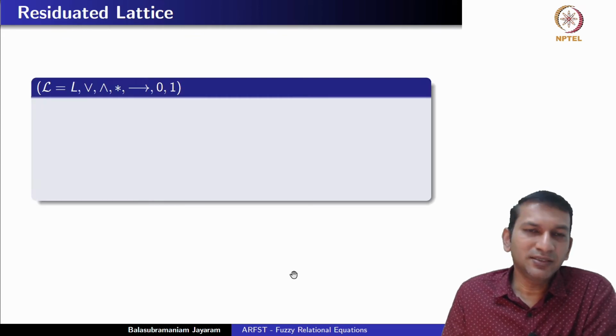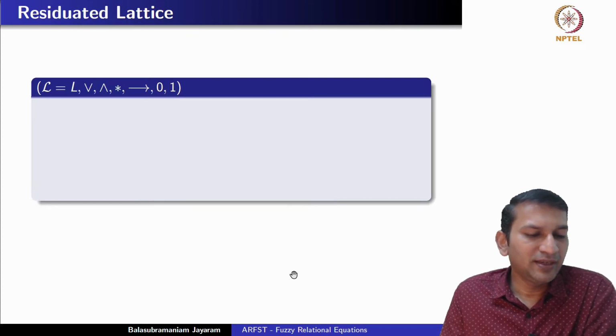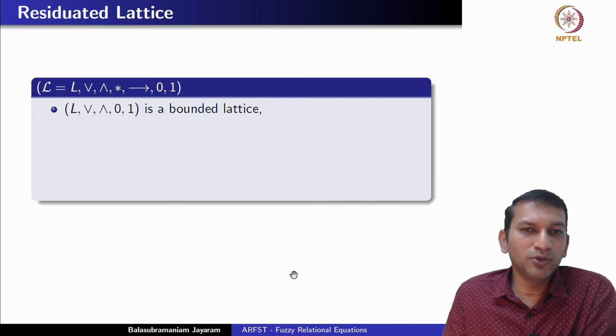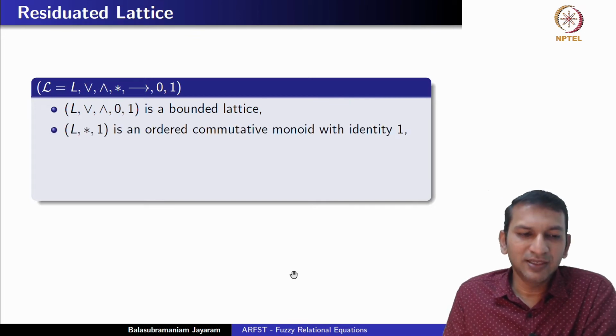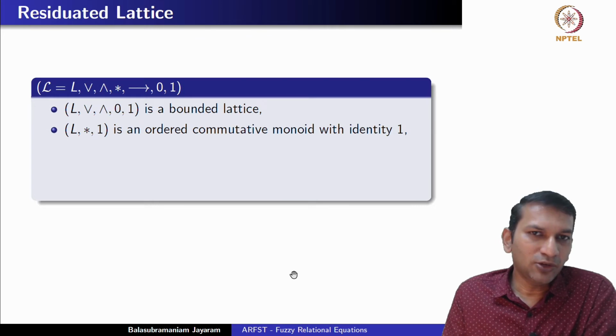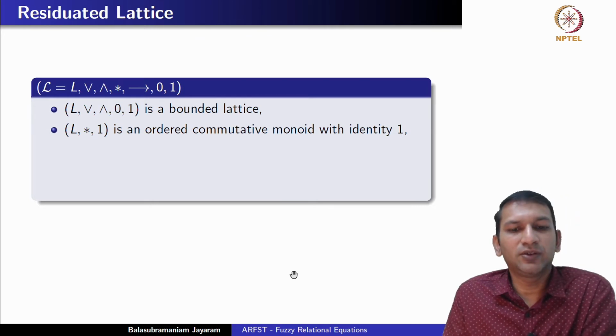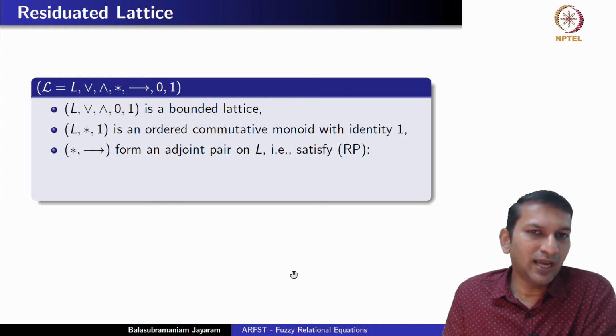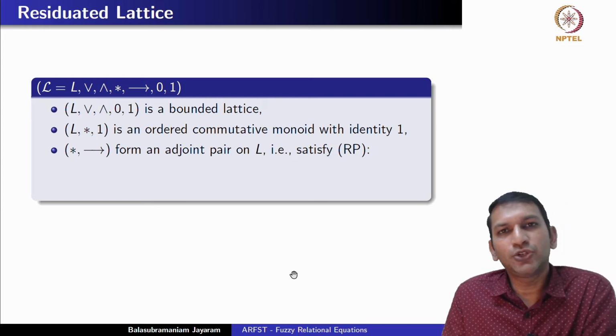What's a residuated lattice? It's a set L endowed with a few operations and constants such that L with respect to the meet and join and the bounds 0 and 1 is a bounded lattice. With respect to the star operation, it is an ordered commutative monoid with identity 1. And finally, the star operation and the arrow operation form an adjoint pair.